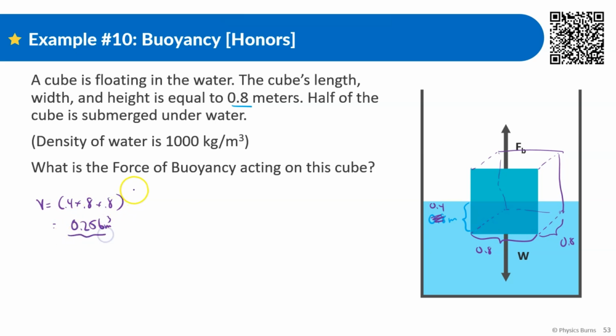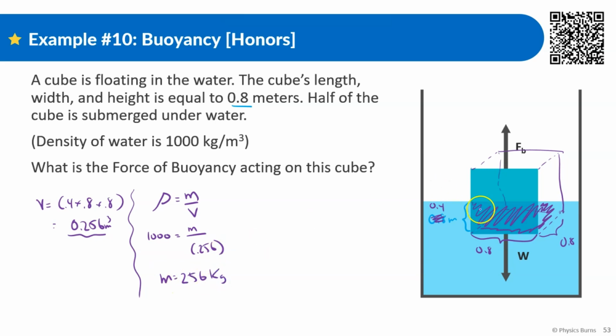Next thing we should know is density is equal to mass divided by volume. We know density is 1,000. The mass is what we're looking for, the mass of the water that it's going to be displacing. The volume is 0.256, and we get mass is equal to 256 kilograms.